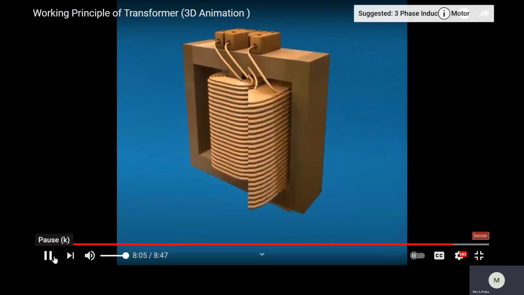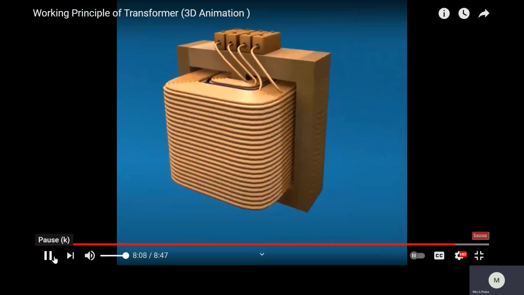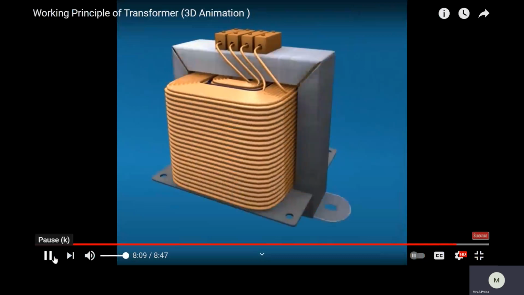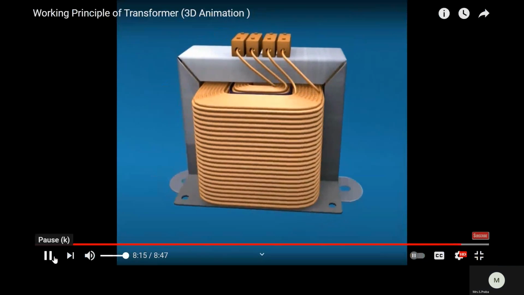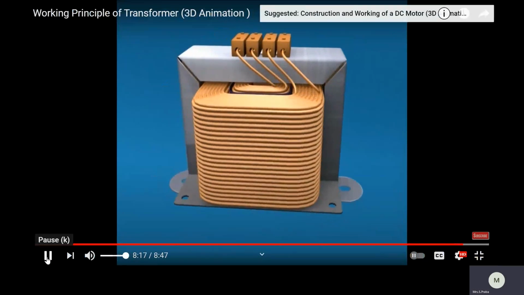Hope now you have a little bit of idea about the principle of working of an electrical transformer and about its construction. We will discuss it in more detail.